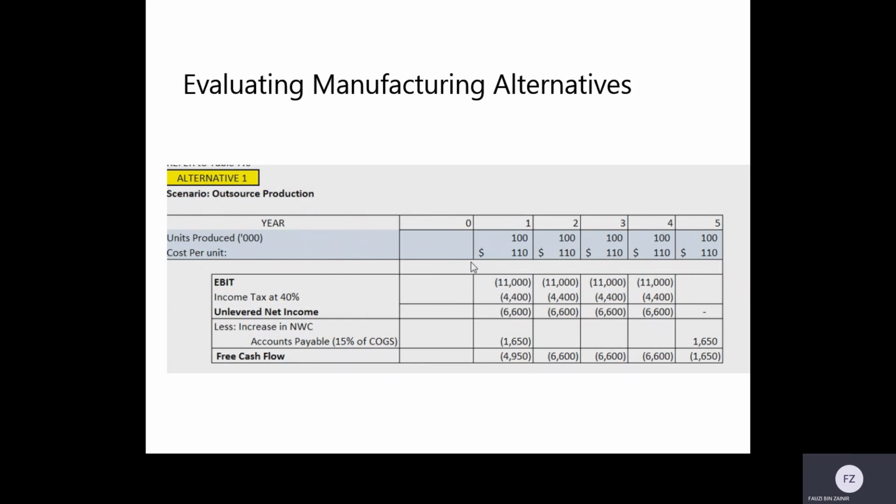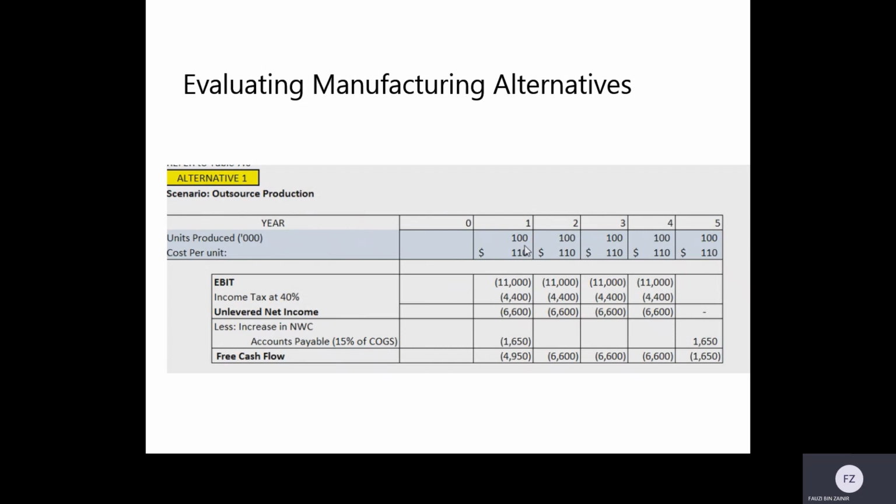We are looking at outsourcing for year 1 to year 5, because either we outsource or we manufacture in-house. For year zero, all our initial investments are the same, whether alternative 1 or alternative 2. Since it's the same, it is an irrelevant cost for us to consider, so we're only thinking about year 1 to year 5.